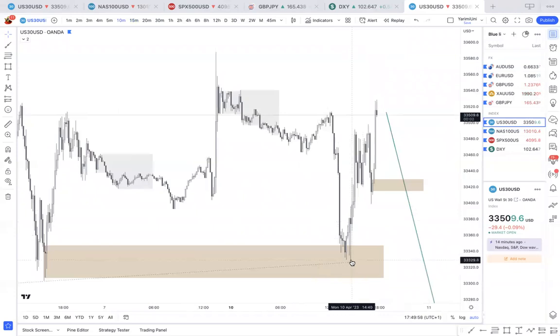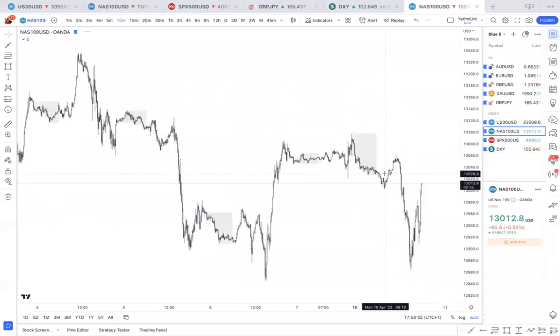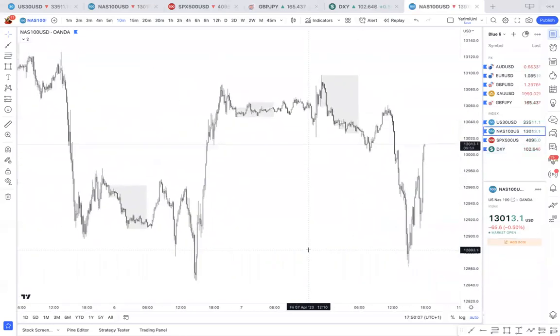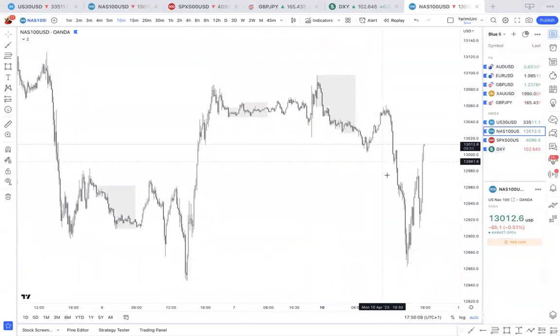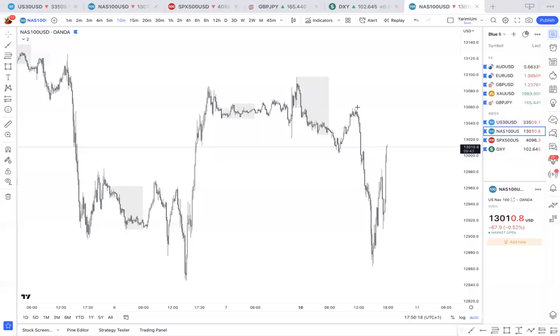So it literally just tapped in and then tapped out. So that is US 30, and obviously you guys know NAS 100 for those of you that trade that as well. Similar format as well. Asian low got taken, it's tapped into this order block beautifully, and now it's reacting to come take out the Asian high. So that's pretty much the market analysis done.